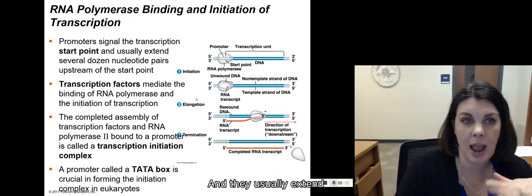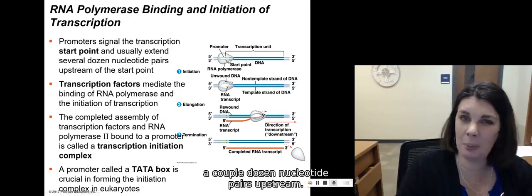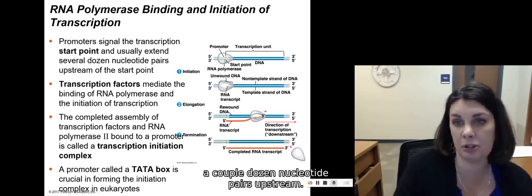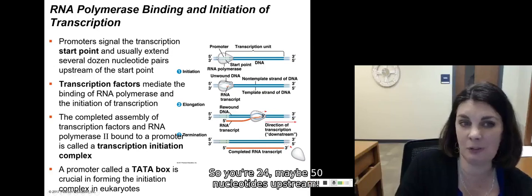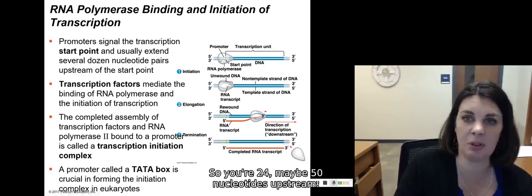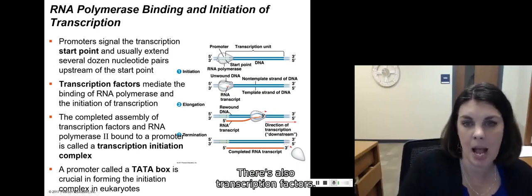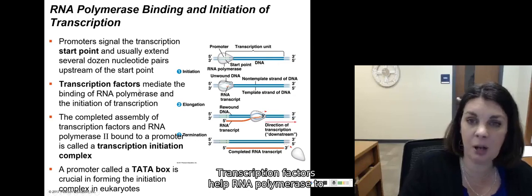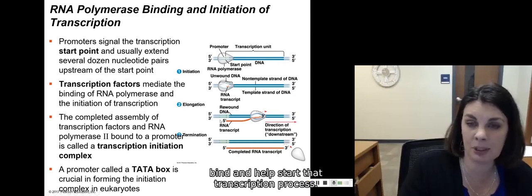Promoters signal the transcription start point, and they usually extend a couple dozen nucleotide pairs upstream. So you're 24 or maybe 50 nucleotides upstream. There are also transcription factors. Transcription factors help RNA polymerase to bind and help start the transcription process.